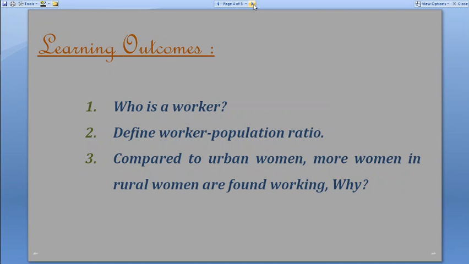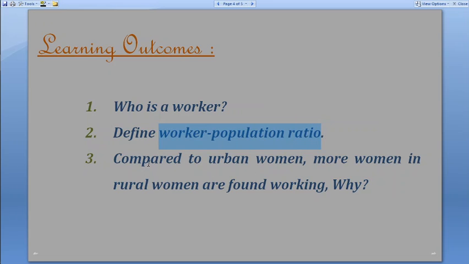You can exercise these as learning outcomes. You can make a note on the definition of who is a worker. Remember, economic activity, worker population ratio, you define that. It is an indicator.